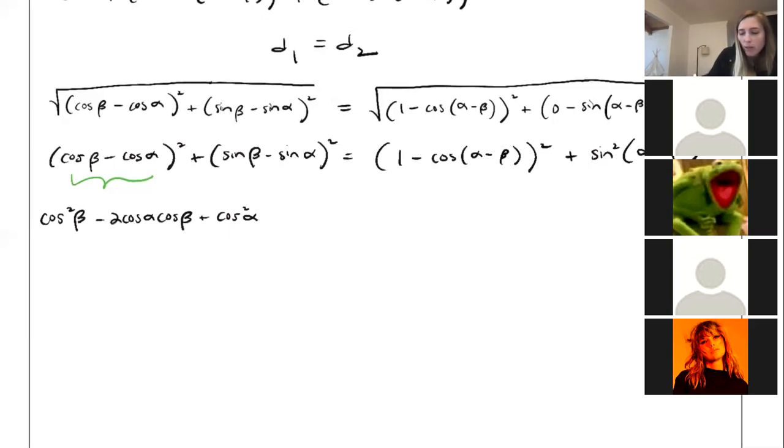And then when we multiply out the sine of beta minus sine of alpha squared, we'll have plus sine squared beta minus 2 sine alpha sine beta plus sine squared alpha.